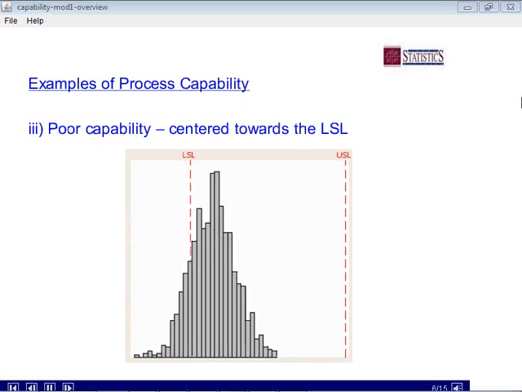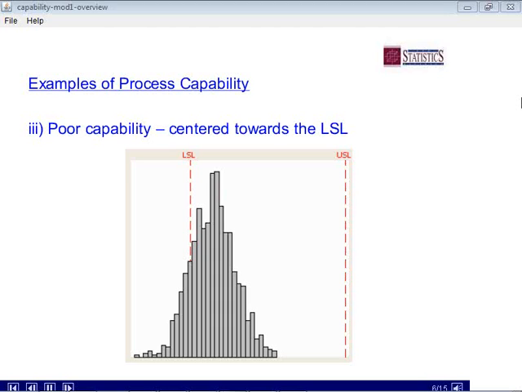Clearly, this is not a good process with regard to the specification limit. It's got very poor capability. It's centered not midway between the specification limits. Again, I am assuming that that would be my goal in this case. Instead, I can see that there's an awfully high proportion of this distribution that's going to be falling below the lower specification limit.